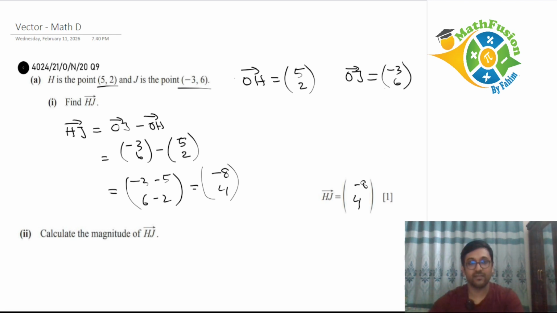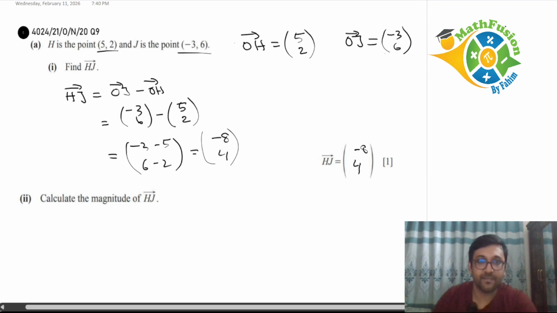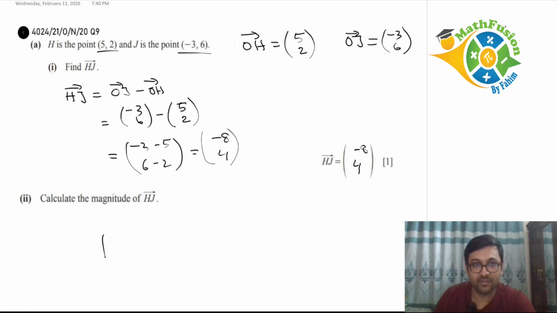Next they tell us to calculate the magnitude of HJ. To find the magnitude of HJ, we have to take the modulus of vector HJ.